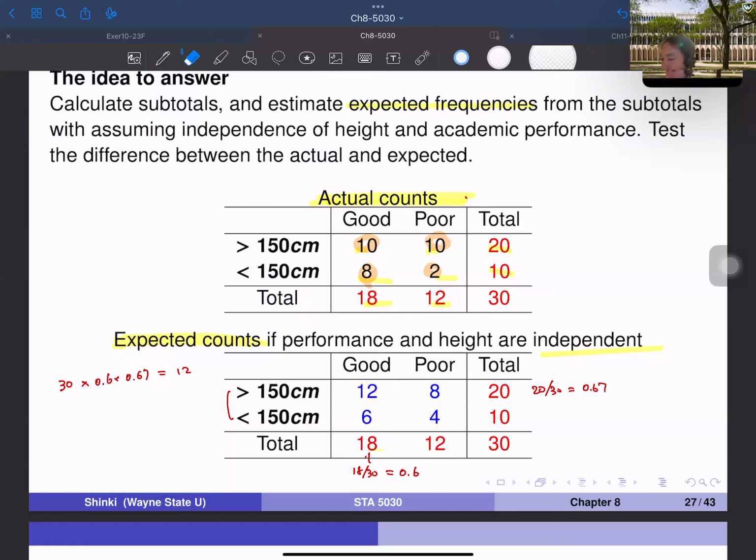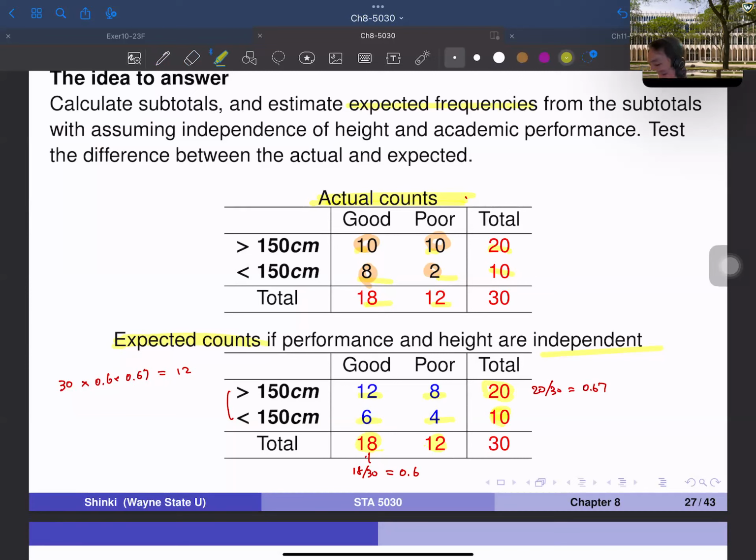We know what proportion of students are more than 150 centimeters, and also what proportion of students have a good academic performance. Then, given these numbers, we can calculate the expected numbers in the 4 cells.